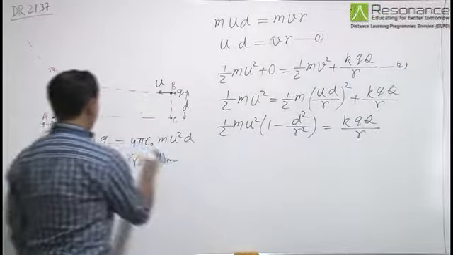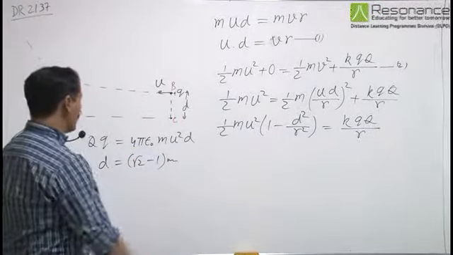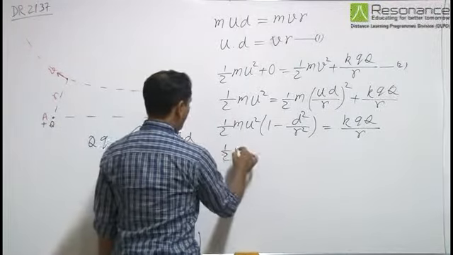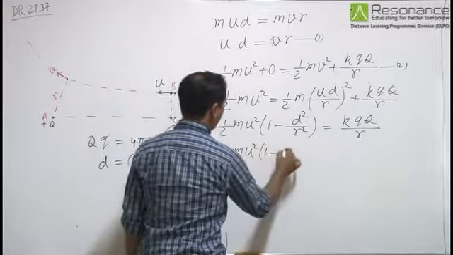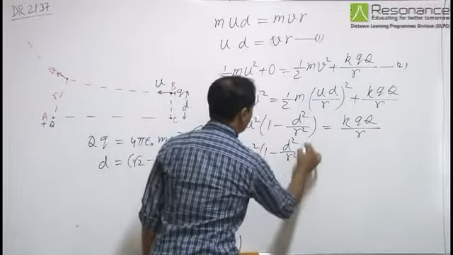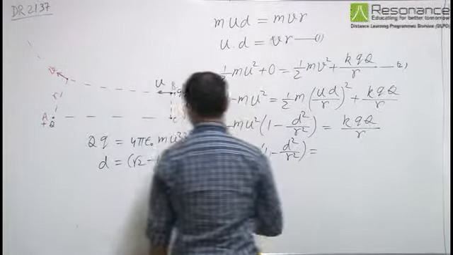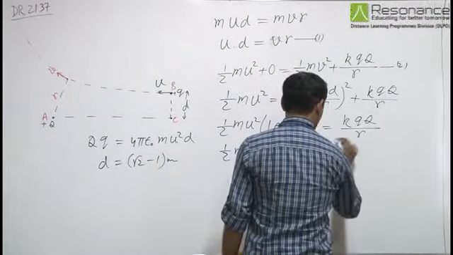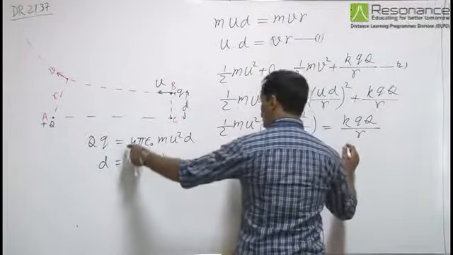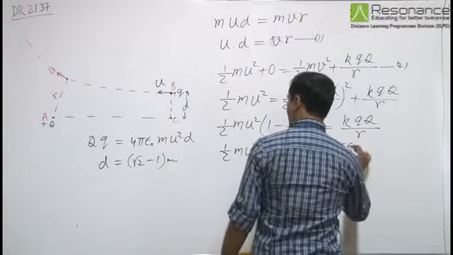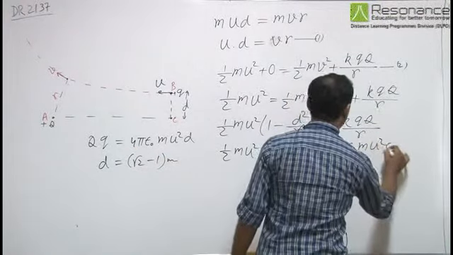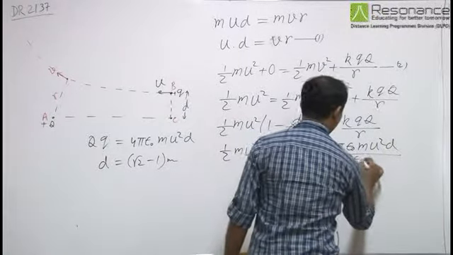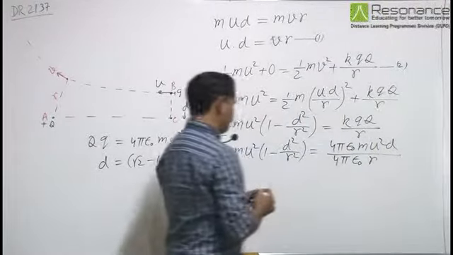Now if I put the value of m u square and k Q q, I can write half m u square into 1 minus d square by r square is equal to Q q's value, 4 pi epsilon naught m u square d, by 4 pi epsilon naught r.